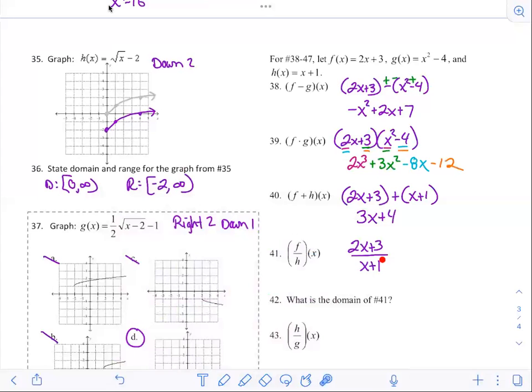So remember, we're looking to see what makes this denominator 0 because we can't divide by 0. So some of these, like this one, you can tell by looking at it, but if you can't, we can set that denominator equal to 0, solve for x. So it's going to be all real numbers except -1.